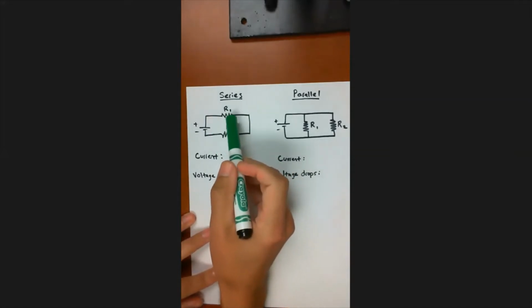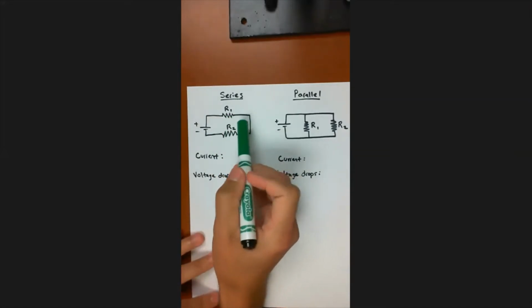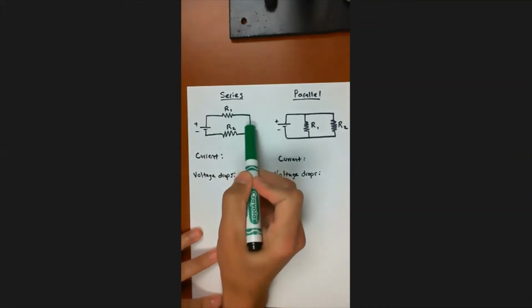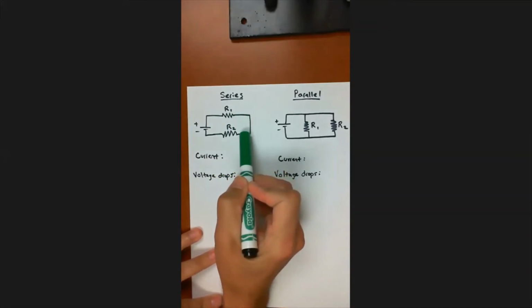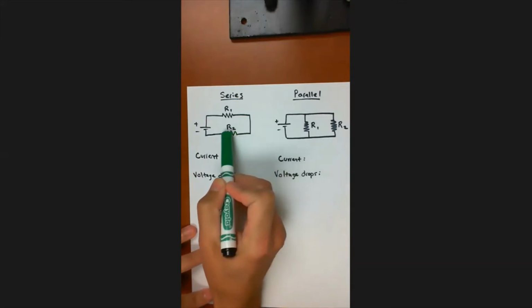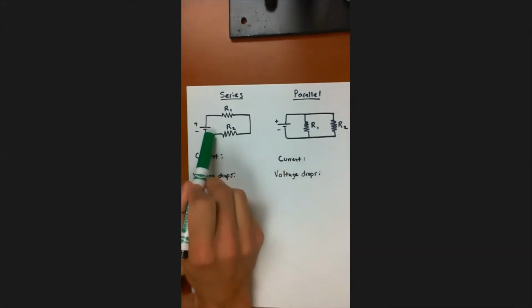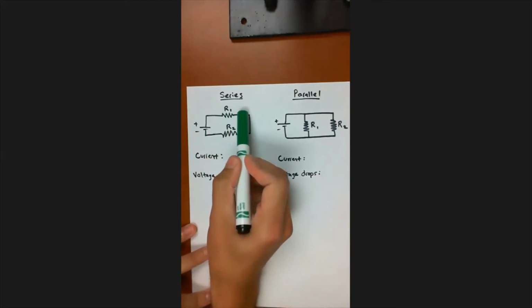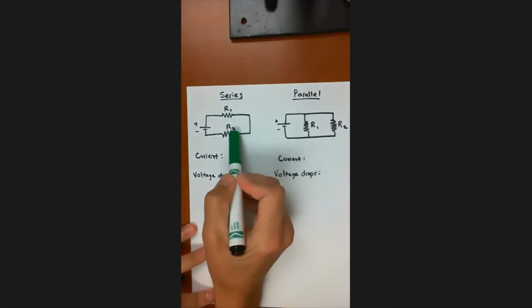And whatever charge or whatever current is flowing through this resistor has no choice but to keep on flowing through the circuit, and that same amount of charge has to flow, which is current. That same current has to also flow through resistor 2. So what I'm trying to convince you of is that the current through R1 is the exact same as the current through R2.